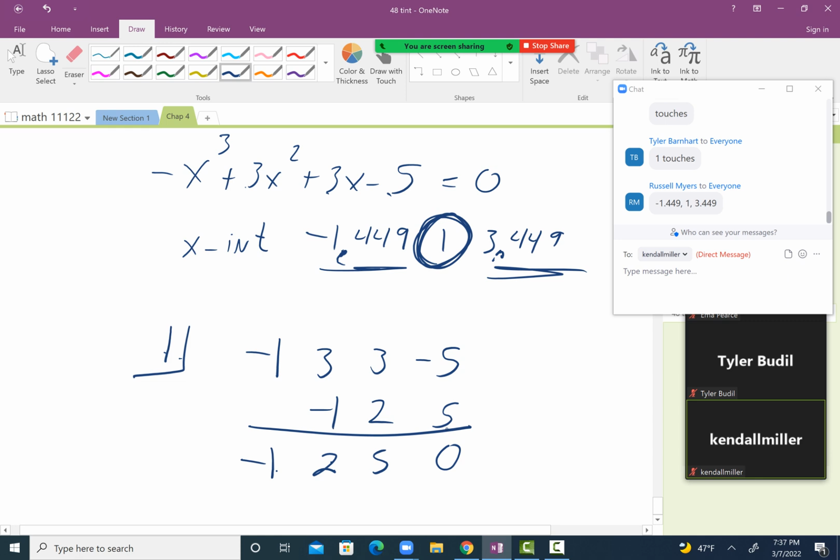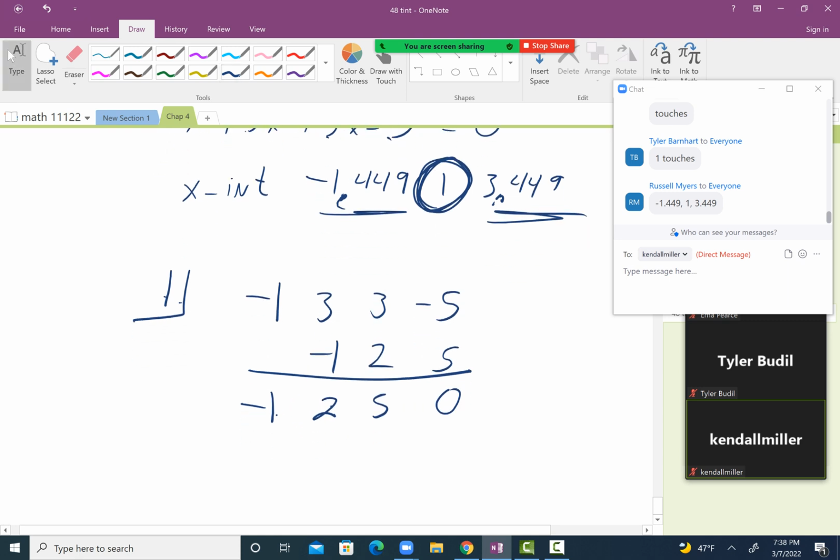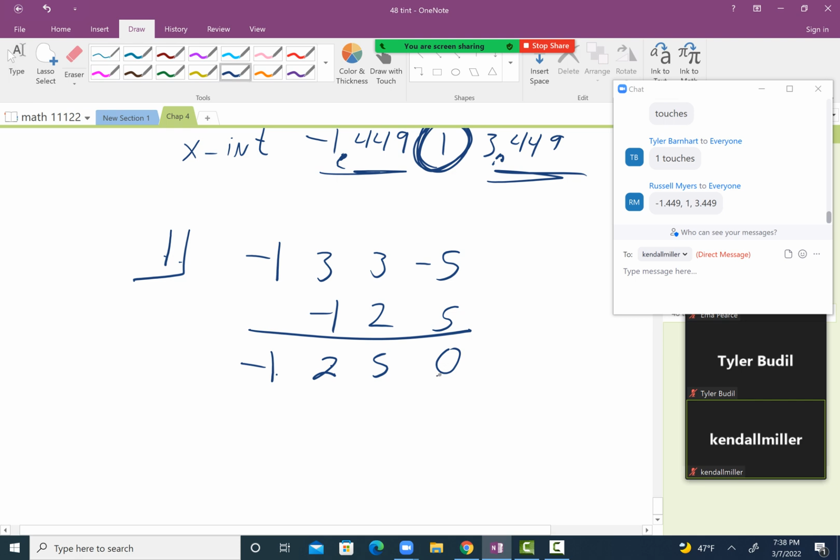Now, when you're doing this, you know that this is an x-intercept, and if you don't get 0 there, something's wrong, because you know that it's going to go in there nice and evenly. So you have to have a 0 here. That's a good thing. Now, what does that mean? Remember we talked about how when we're dividing, we're reducing it down?